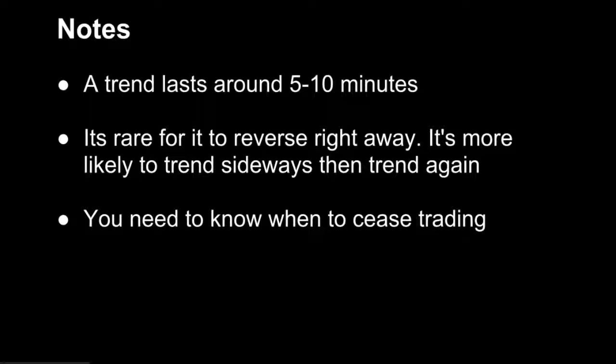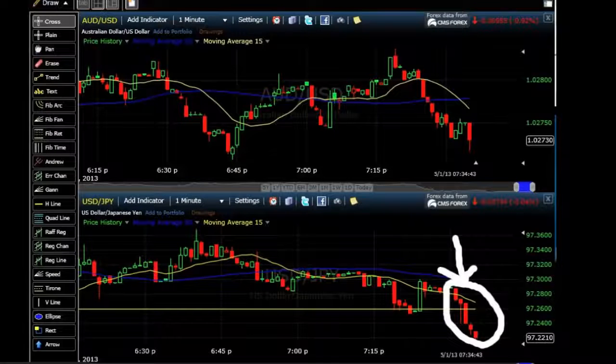Okay, so I'll go through an example here of some trades I've done. As I was writing this tutorial, this is one on the USD Japanese chart. You can see here I saw the trend of 3 bearish 1-minute candlesticks.